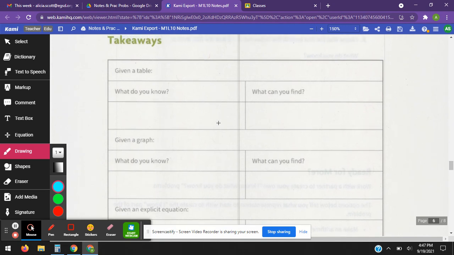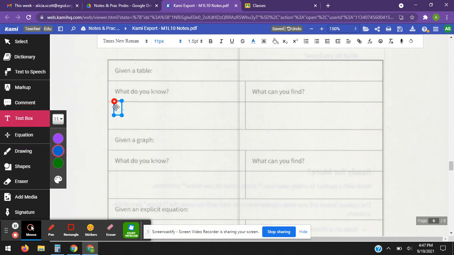Let's do our takeaways. So if you are given a table, what do we know? Well, with the table, we know the first term of the sequence. What can we find from a table? We can find a common difference or a ratio.